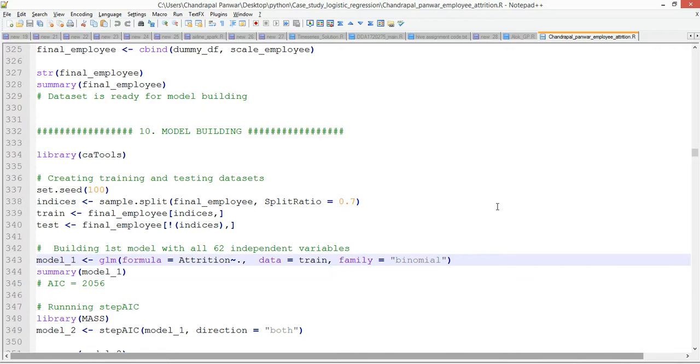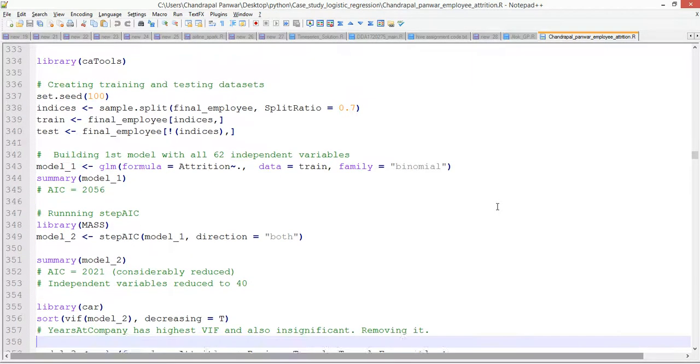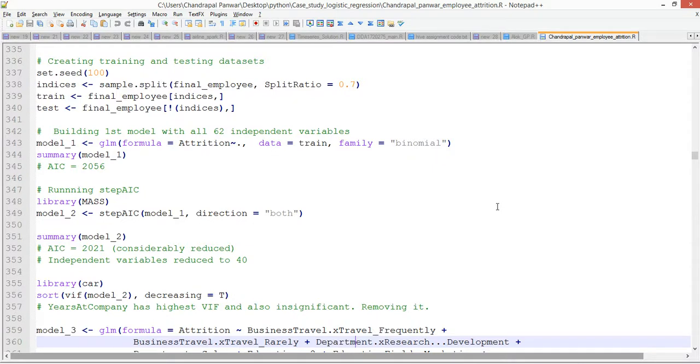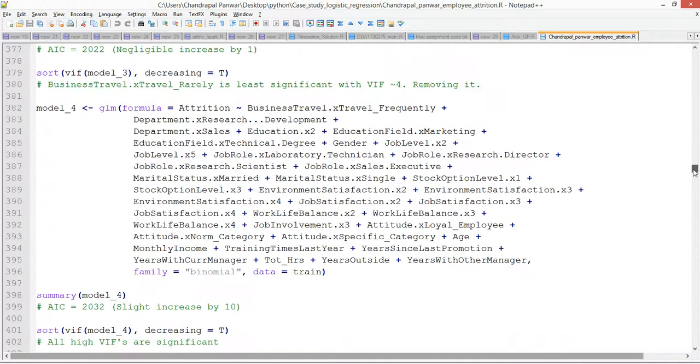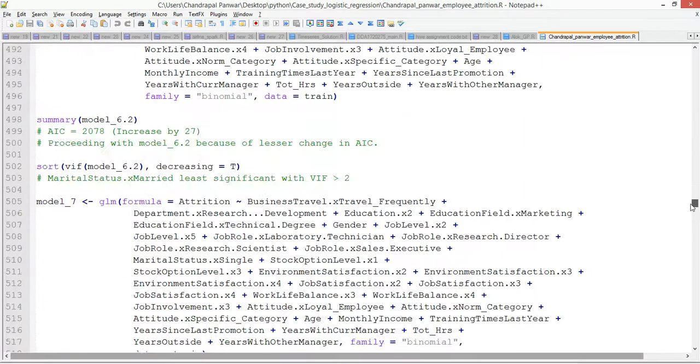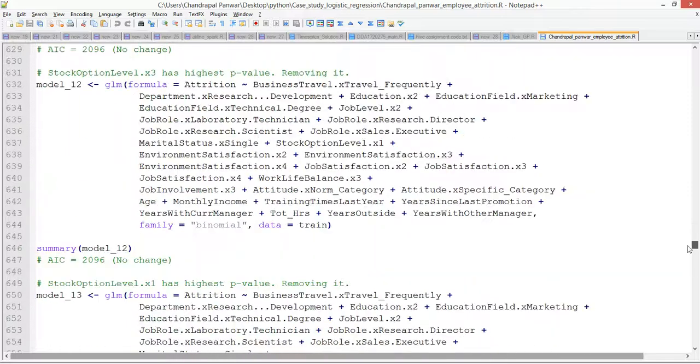Similarly here, the GLM function is used for logistic regression, and as we go on, we evaluate the model based on its VIF and p-values. We keep on removing variables based on VIF values and p-values, and we finally come to the model.